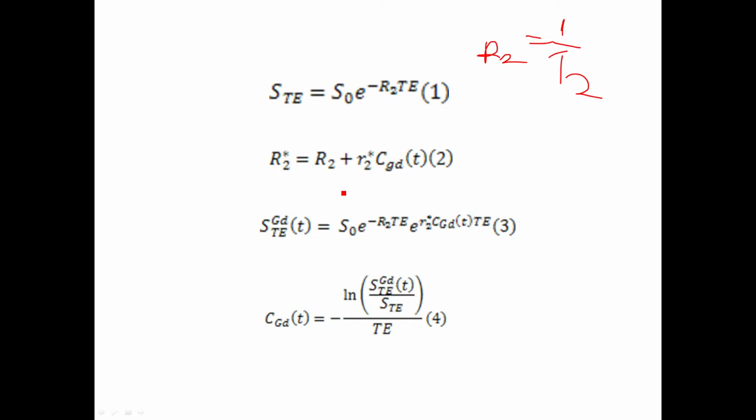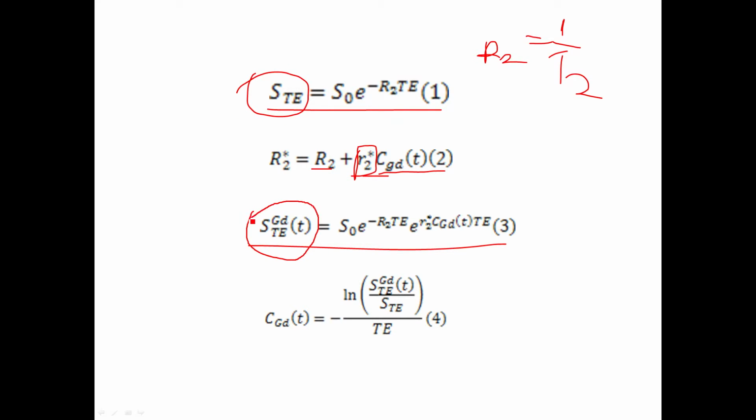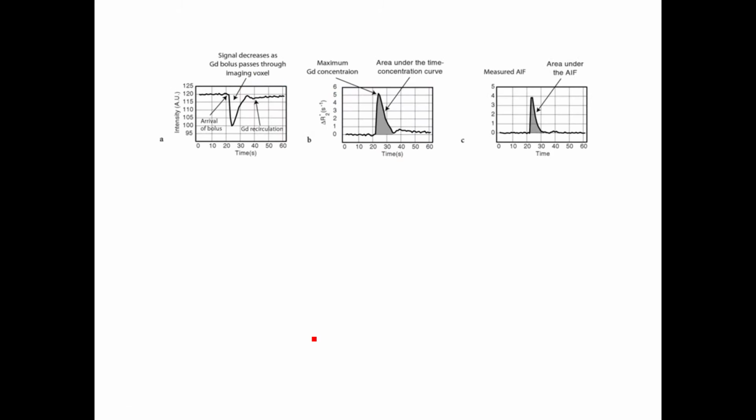When gadolinium is present, the R2 value changes into the original R2 plus some constant of gadolinium times the concentration of gadolinium. So this changes our signal into this, and if we divide the original signal by the new gadolinium-affected signal, we can derive the concentration of gadolinium over time.